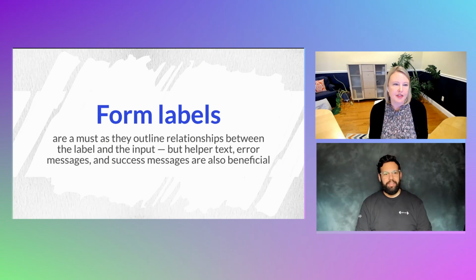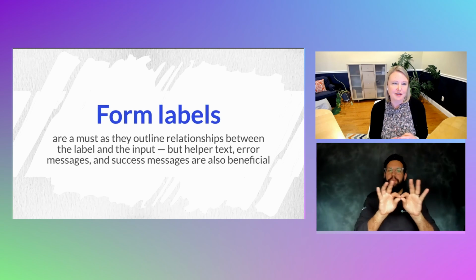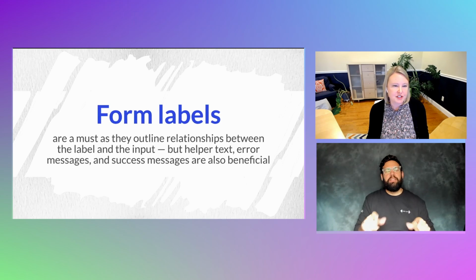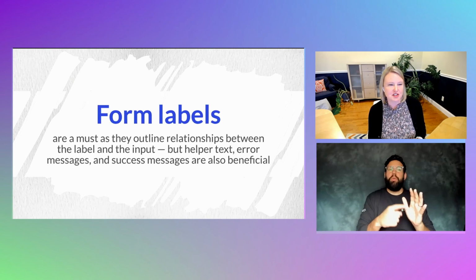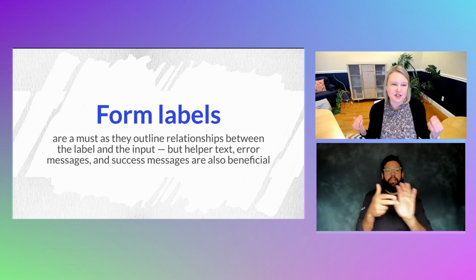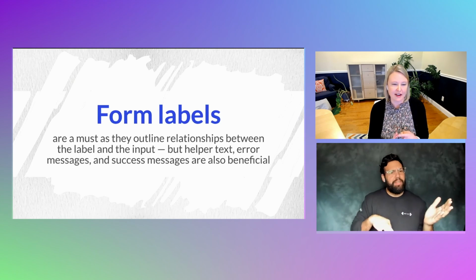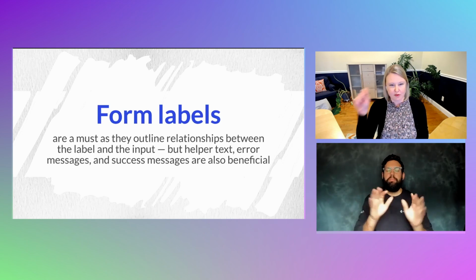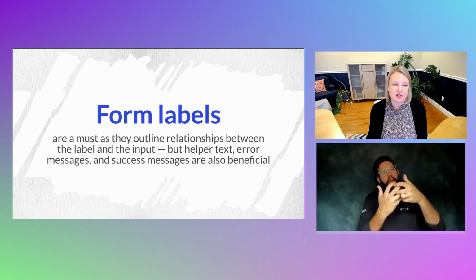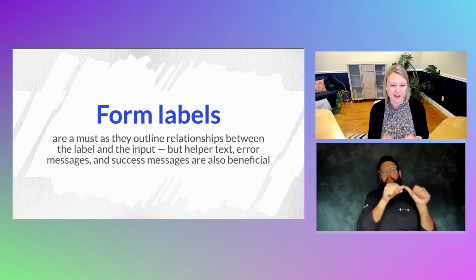So form labels, they are a must, right? They outline the relationship between the label and the input. Helper text, error messages, success messages, all those things are really great and beneficial. But if you're just talking labels, just have them being there, creating a relationship to the input, and then visually persistent. So they shouldn't disappear. I think we've all been there.